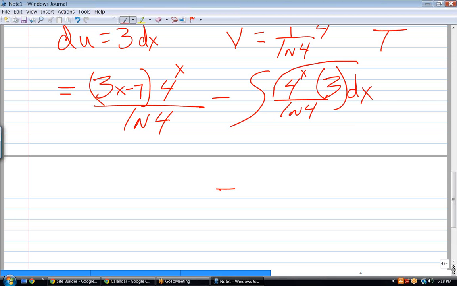So what are the constants in that expression? 3. What is natural log of 4? Is that a number? Yeah, it is. If you look it up in your calculator, it's just a number.